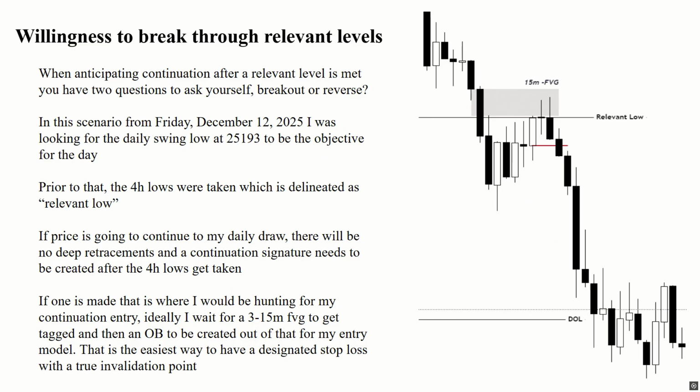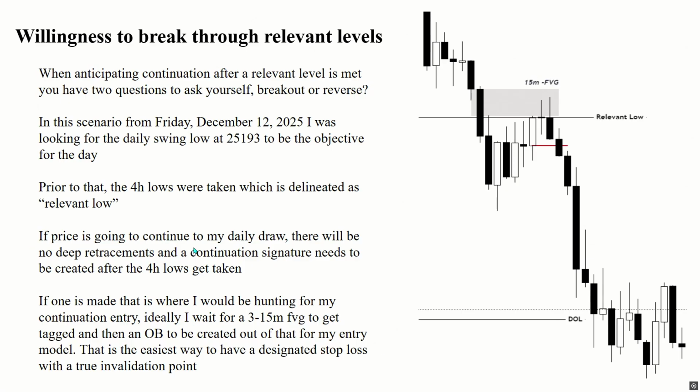This is the only low in a bullish scenario that could possibly offer a reversal back up higher, not a retracement, a reversal. This is the only low that could possibly offer a reversal back to the highs above. That's it. The only place. No fair value gap. It's a low. We're looking at lows and highs.